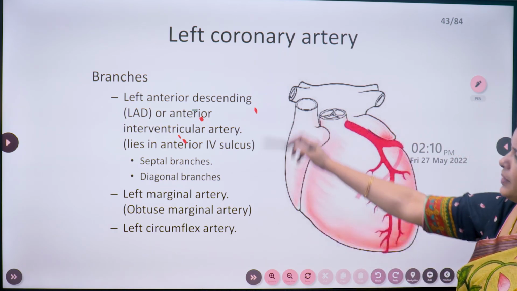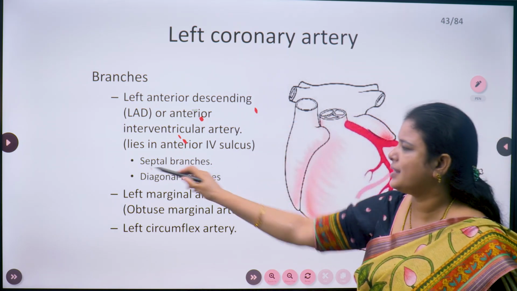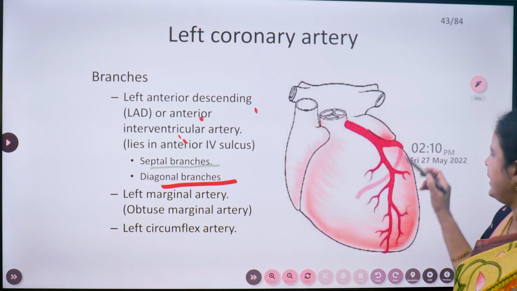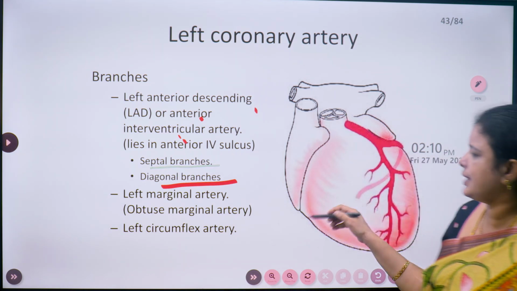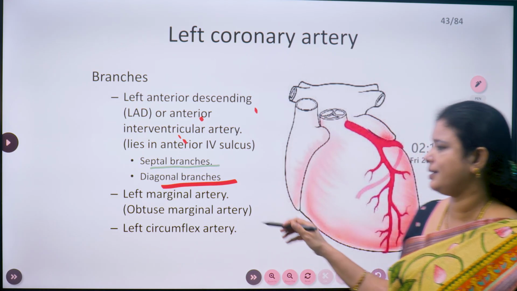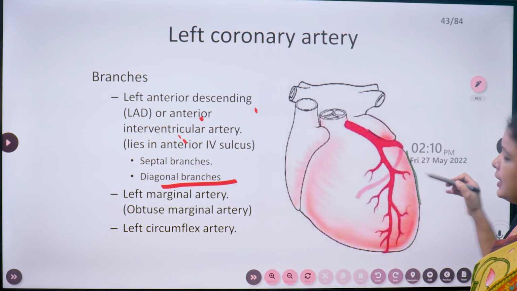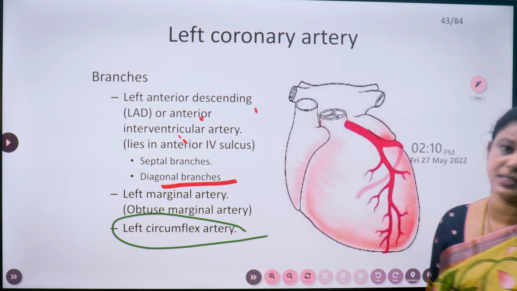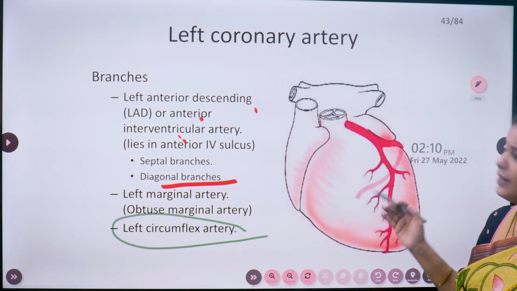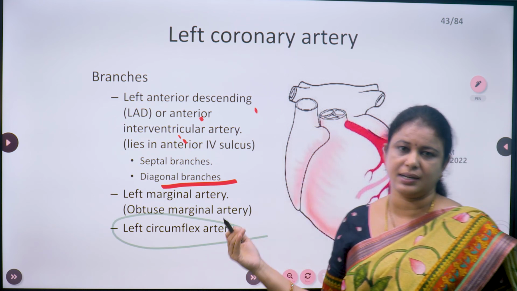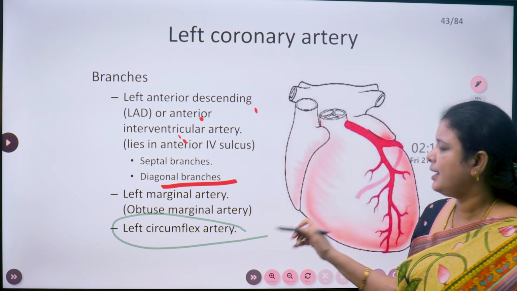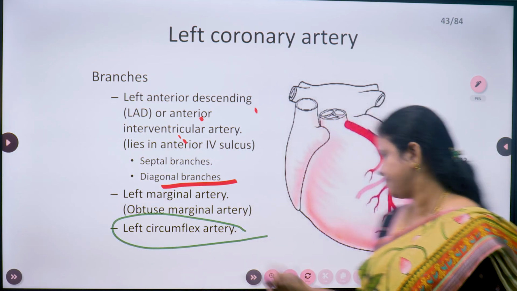This will again give branches like septal branches and diagonal branches, and left marginal arteries. On the right side we have the right marginal arteries; in the same way, on the left side, left marginal arteries plus left circumflex artery.